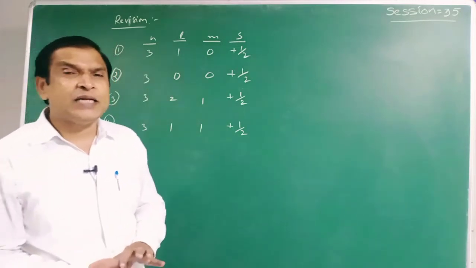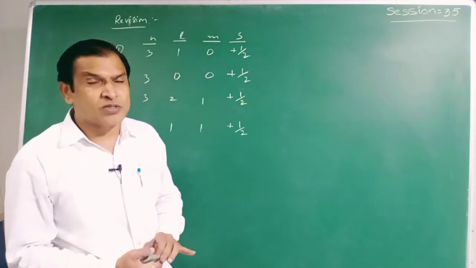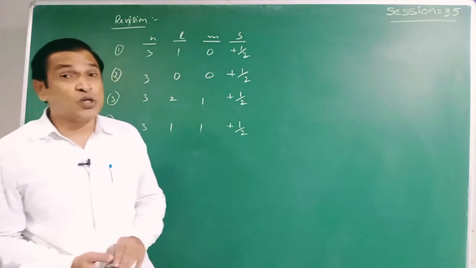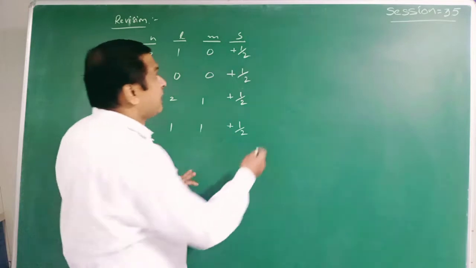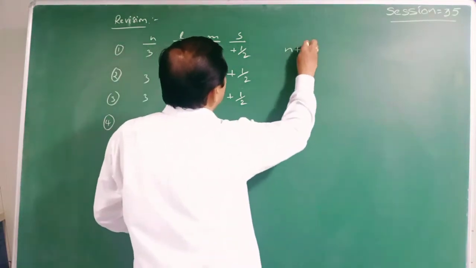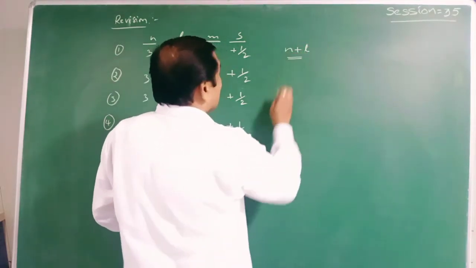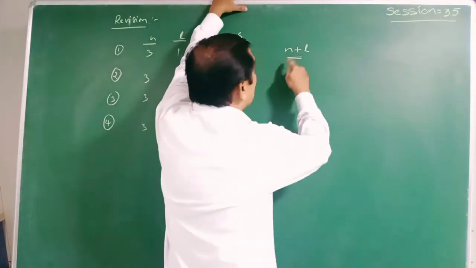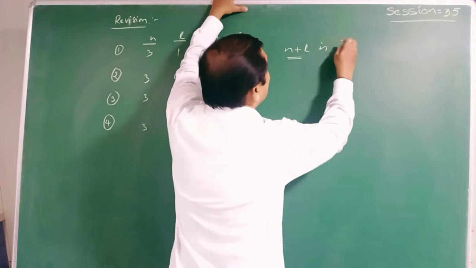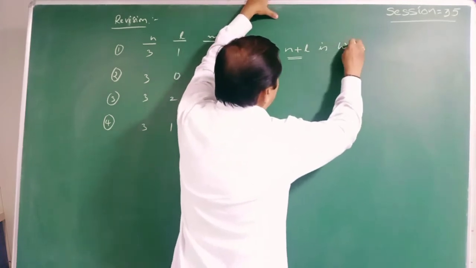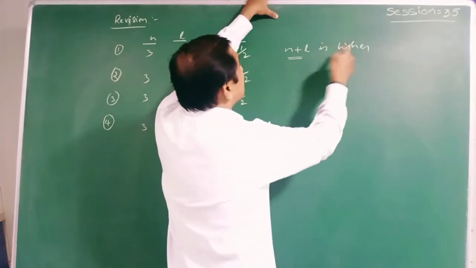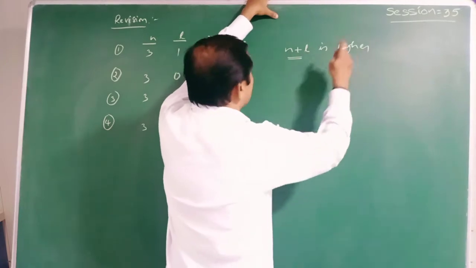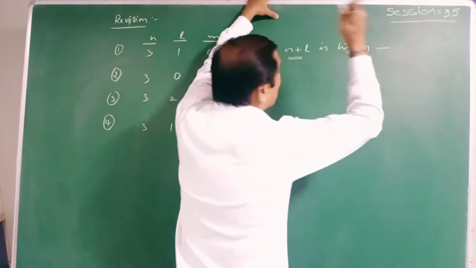How can we identify the energy of atomic orbitals? Energies of atomic orbitals are based on n plus l values. The greater the n plus l value, the higher the energy.